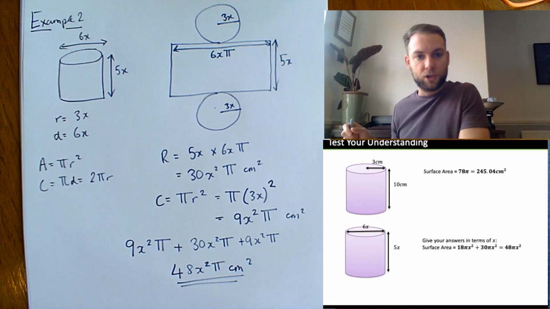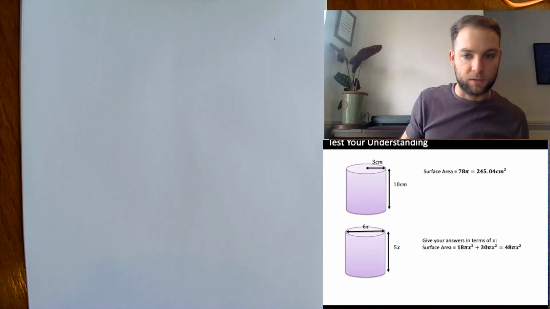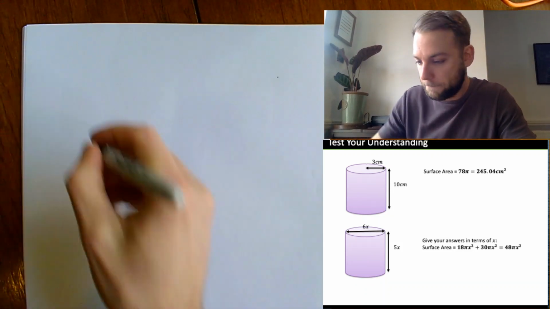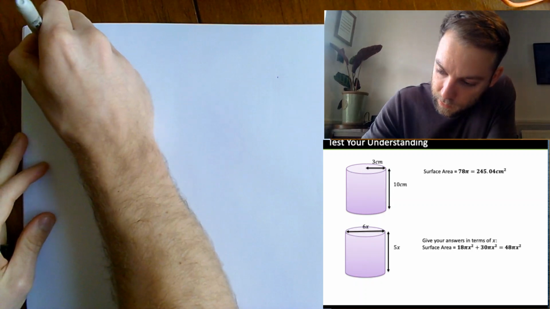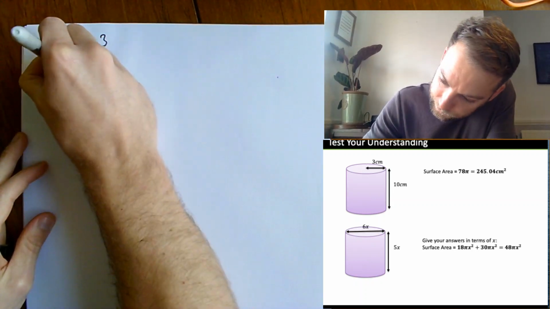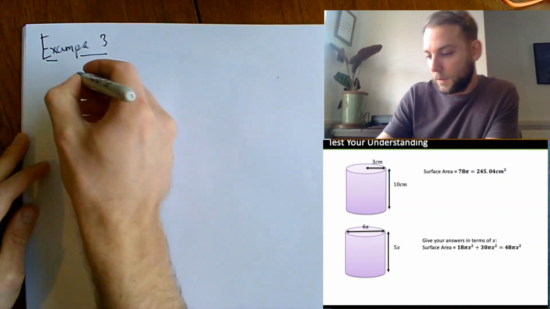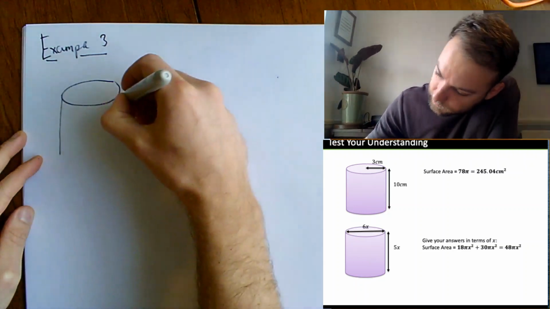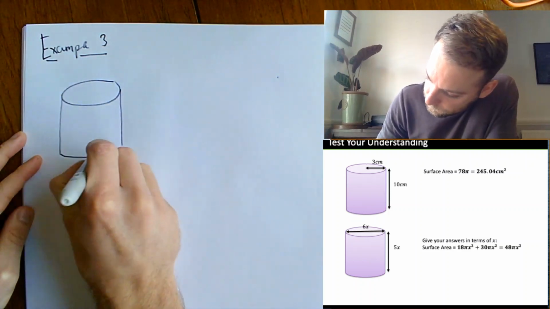Now, I think I am just going to do one more of these because I want to make sure that you understand it. I'm just going to pick one to do. So let's do example 3. Here we've got a cylinder.